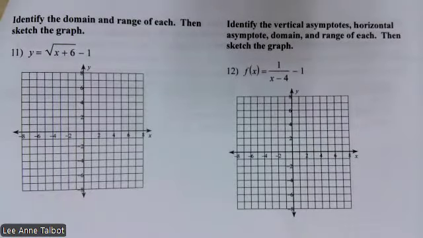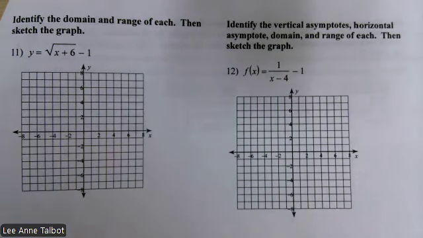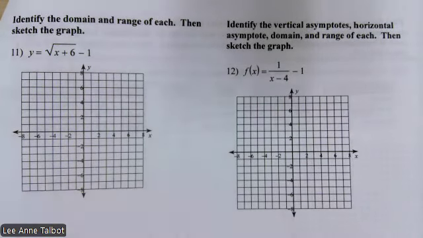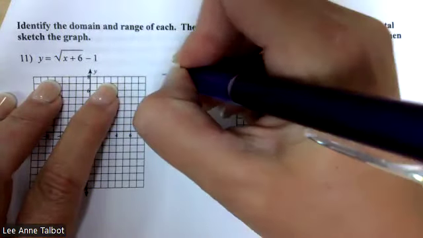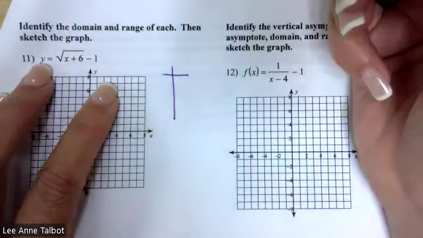Okay, number 11. What is this called? What's number 11 called? What is this thing? Square root function. Yes, this is a square root function. In the list of topics, it says radical function, but square root function.